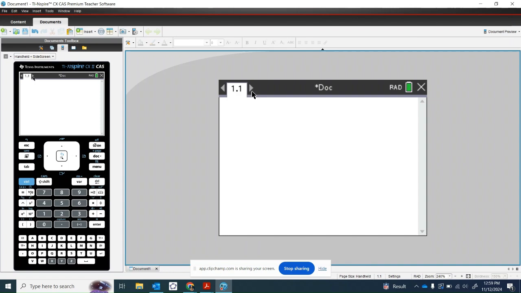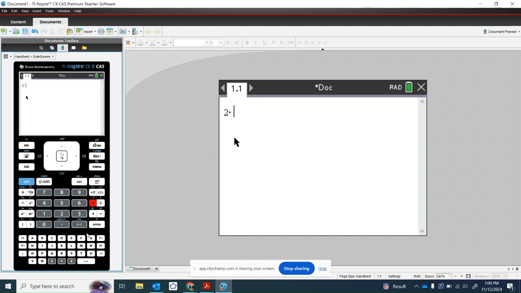When we're working with more than one variable, for example, 2xy plus 3xy, in order to do that, I have to put a multiplication symbol between every single piece. So 2 times x times y.